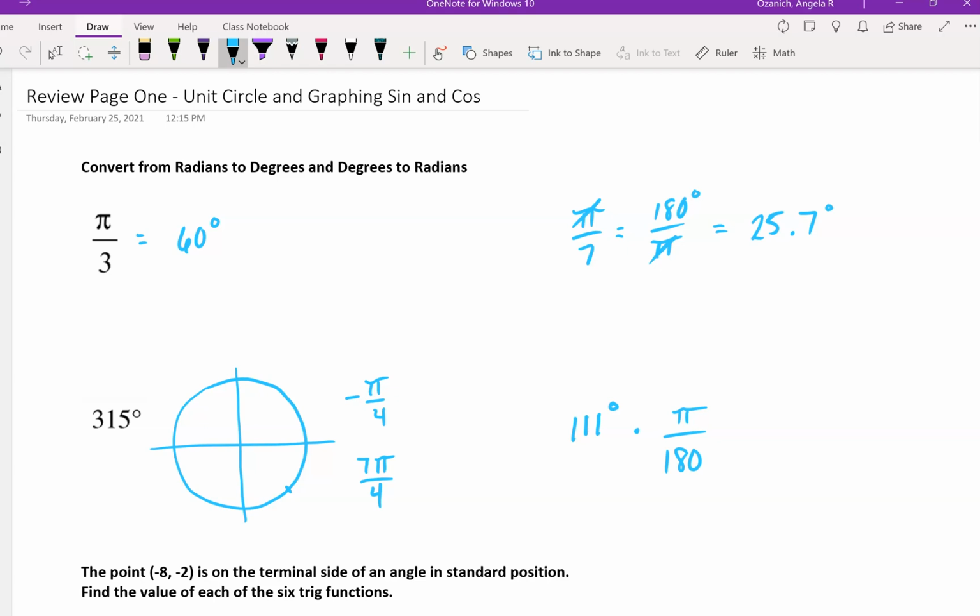Maybe we should make it 110 degrees, just so it's easy to reduce a little bit here, right? That's going to be 11 pi over 18, and that will not reduce any farther. Okay. So now that we've covered those, I think that's pretty straightforward.